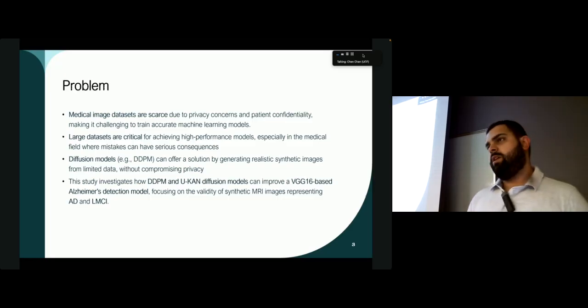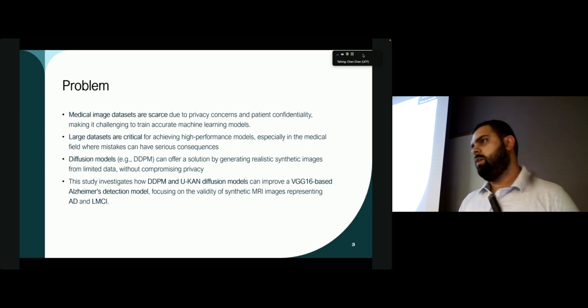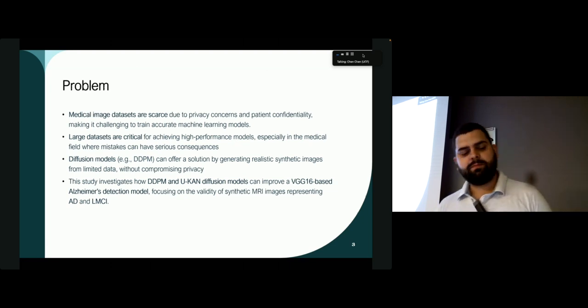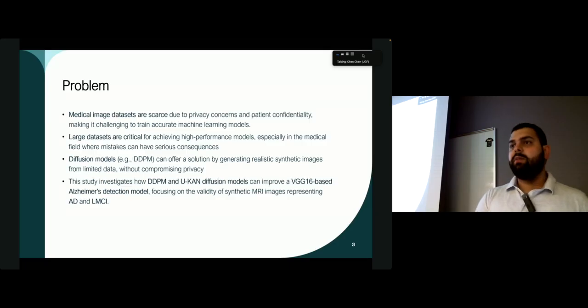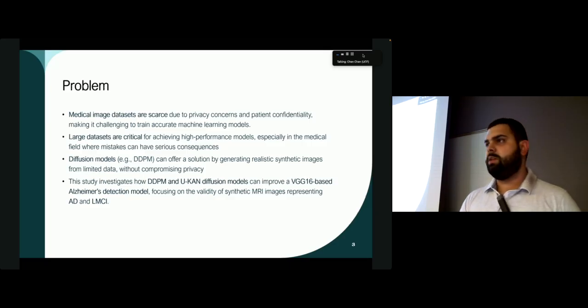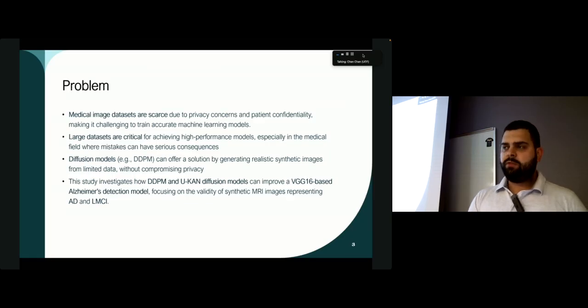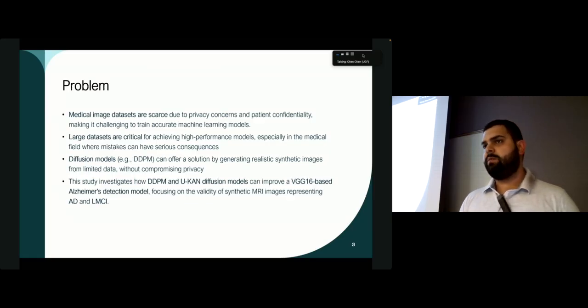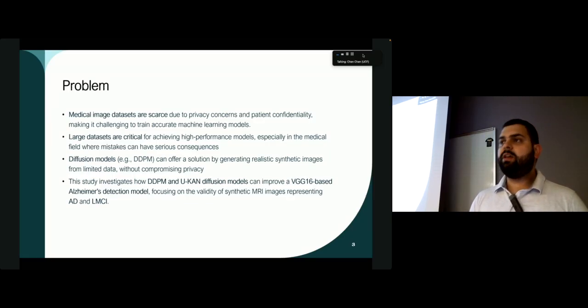And to train any machine learning model, one of the main requirements is, of course, having a large enough data set. This can be solved by using diffusion models. So the diffusion models can offer a solution for this by generating realistic synthetic images that can be used to train medical machine learning models, right?